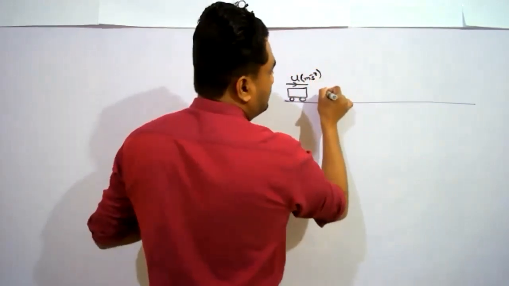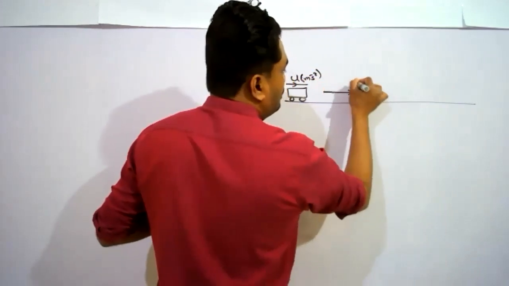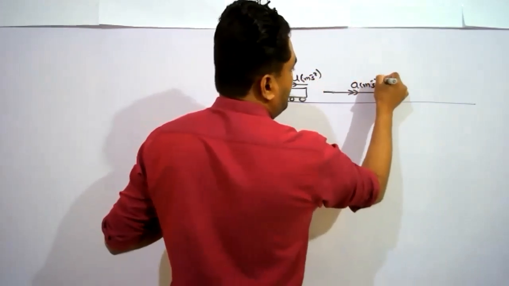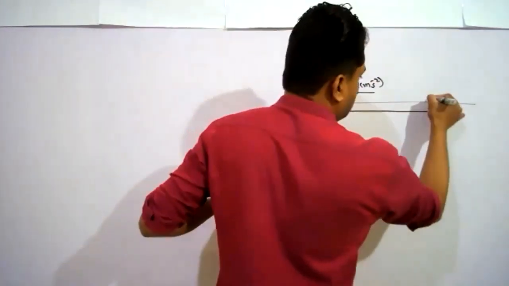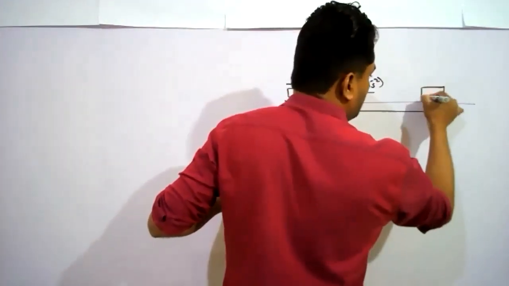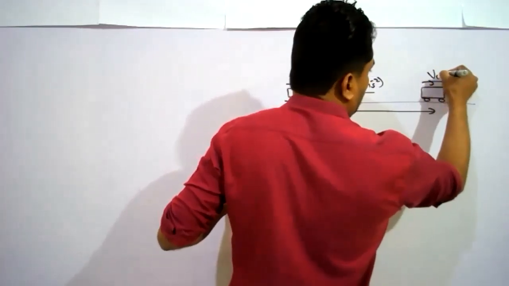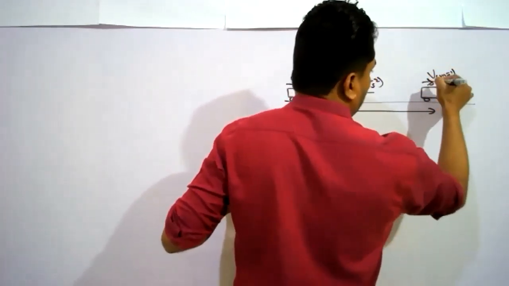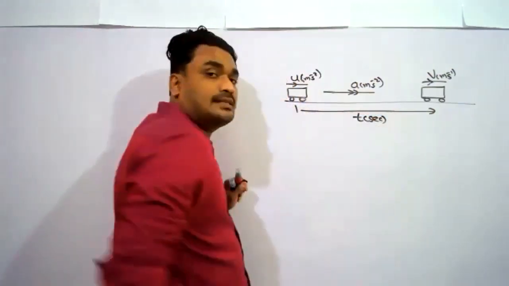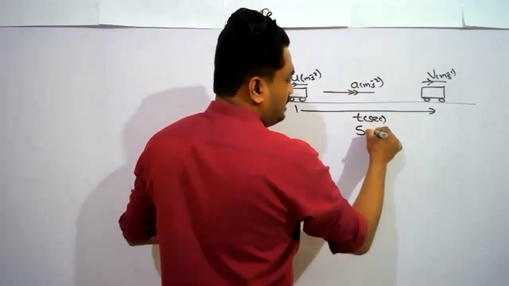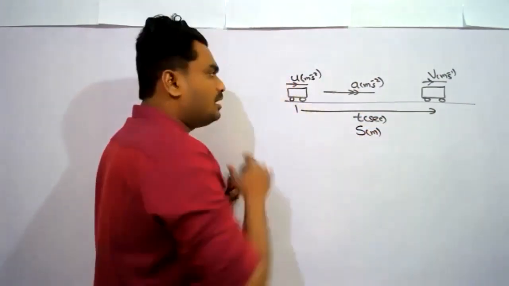It travels with an acceleration of a meter per square second. After t seconds, the object's velocity is v meter per second. The time taken for the motion is t seconds. The displacement is s meter. Draw this figure.